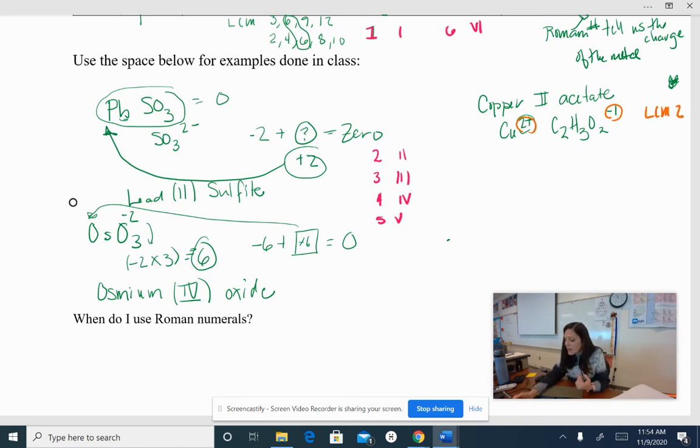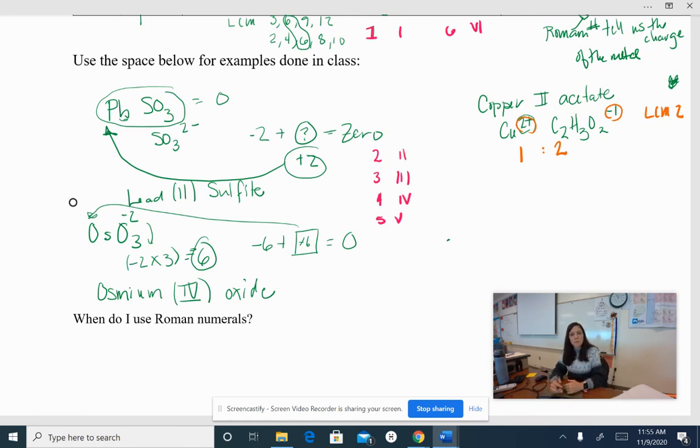How many coppers do I need to get to a charge of positive 2? Hopefully you said 1. How many negative 1 acetates do I need to get to a charge of negative 2? Hopefully you said 2, because 2 times negative 1 gives me negative 2. So I'm going to need 1 copper and 2 acetates.